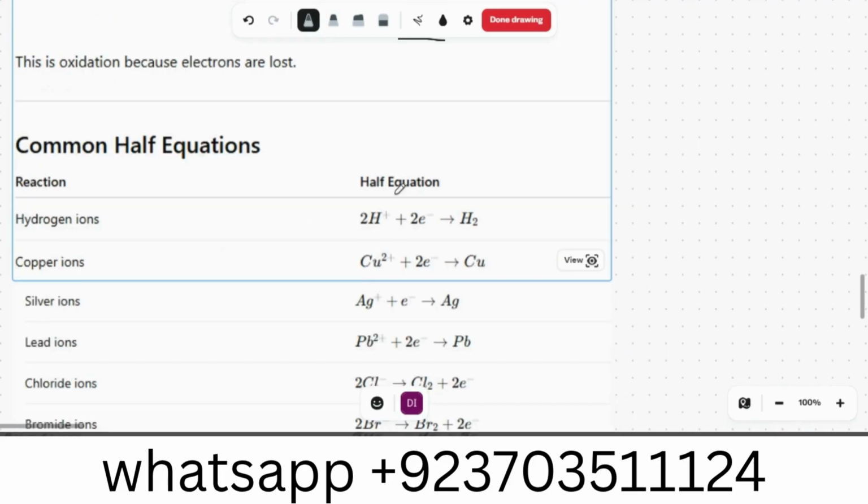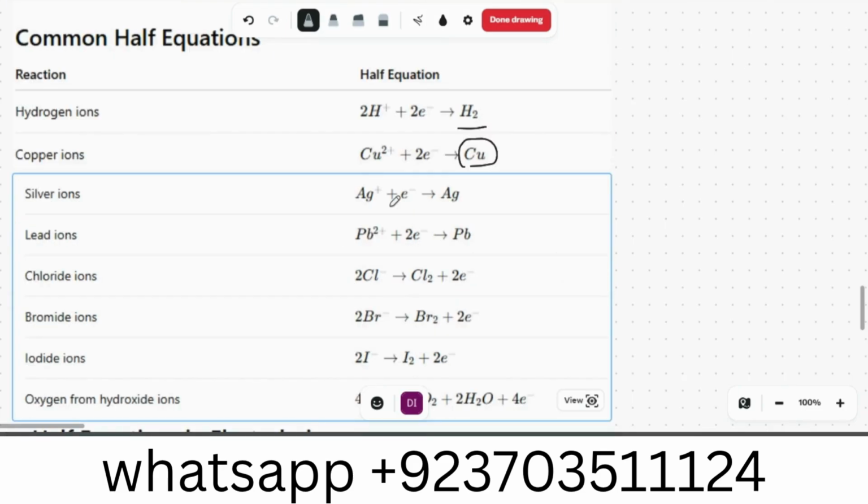Common half equations that we are going to use in IGCSE: hydrogen is 2H+ plus 2 electrons gives us H2; copper 2+ plus 2 electrons gives us copper; silver plus 1 electron gives us pure silver; lead 2+ plus 2 electrons gives us lead.